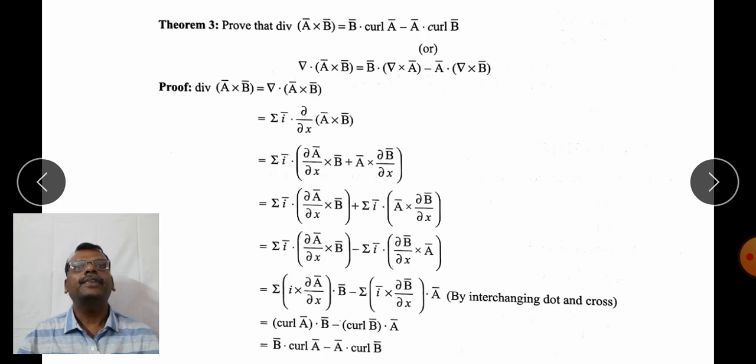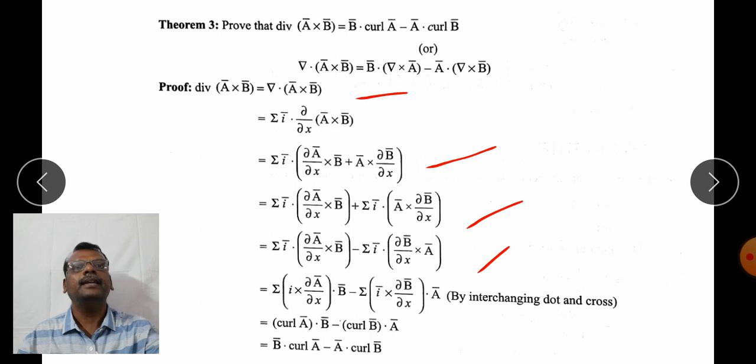Now div of a bar cross b bar is equal to del dot of a bar cross b bar. For simplicity we take the summation i of dou by dou x of a bar cross b bar, that means summation i of, using the property, dou a bar by dou x cross b bar plus a bar cross dou b bar by dou x, that is equal to summation i split into two summations in the next one, and again we have to interchange the dot product and cross product.